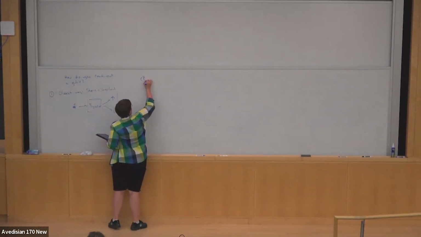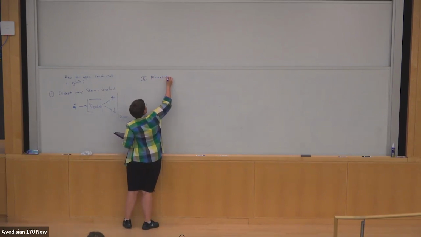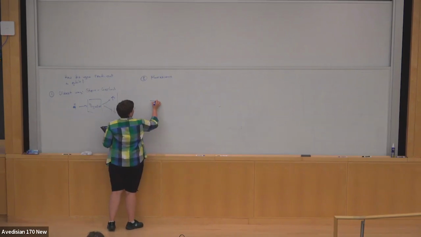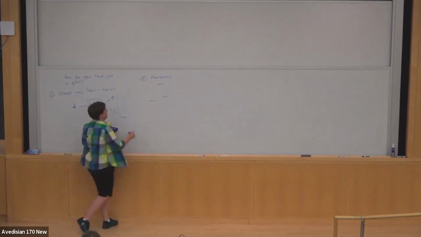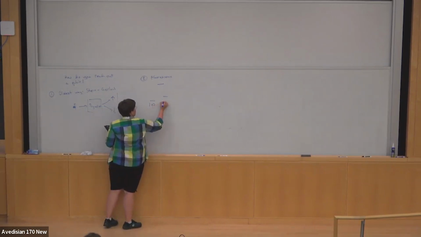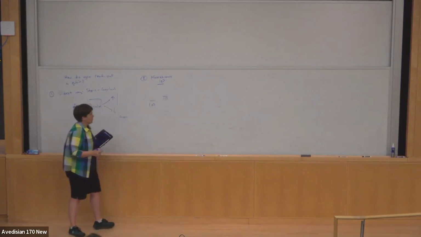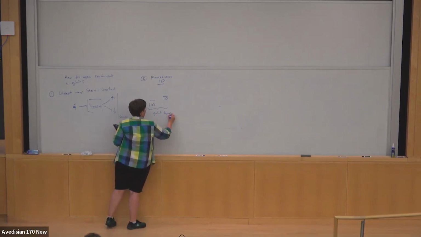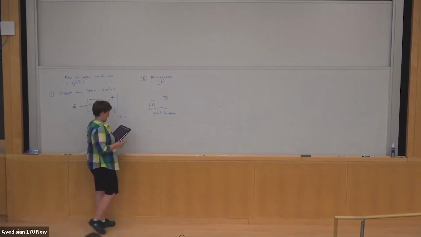Probably the most common method is fluorescence. Extra credit for anyone who can spell that. Okay. And so this is more common in the atomic qubits. What you want to imagine is a lambda-like system here, where this is the qubit subspace, and there's some auxiliary excited state up there.